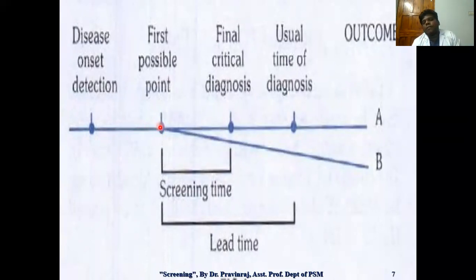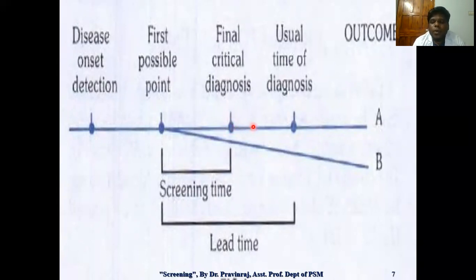So this point is called the first possible point of diagnosis, because before that we cannot pick up the disease, but here we can. Then it is again progressing. Then at one point it changes from reversible to irreversible form, or changes into a complication. So this point is the final critical diagnosis.